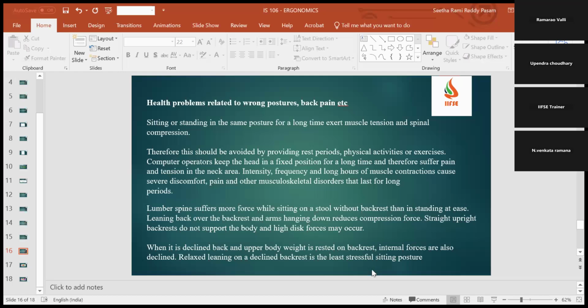When the backrest is declined and the upper body weight rests on it, internal forces are also reduced. A relaxed, leaning, or declined backrest is the least stressful sitting posture. It means relaxed leaning and declined backrest instead of inclined.